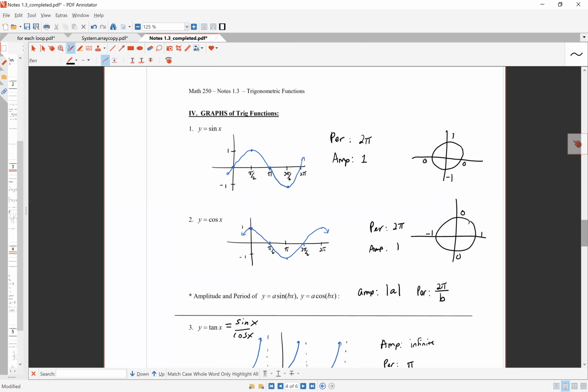And what I did is I just wrote out the second coordinates of the unit circle. So at angle 0, the second coordinate is 0. So that's why we start here. Because when you're graphing sine, you're just graphing the second coordinate as you go around the unit circle. So if we start here and go around, let's just graph the second coordinate, and that's the graph of sine. So here, when 0, right?